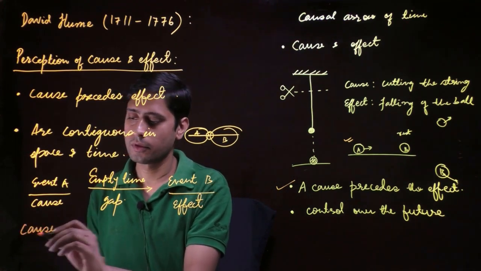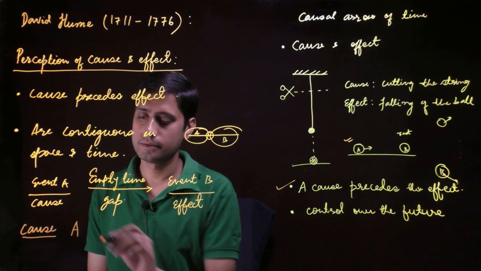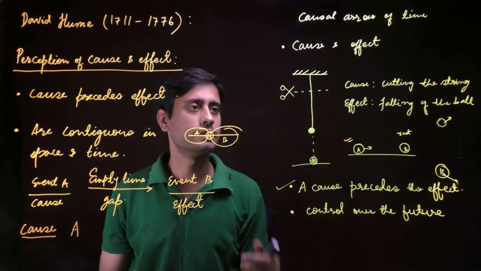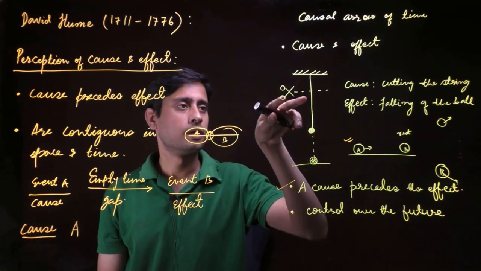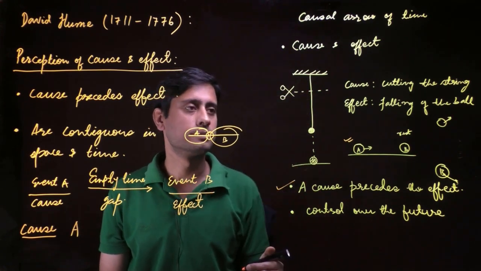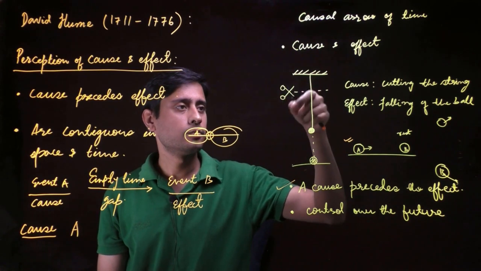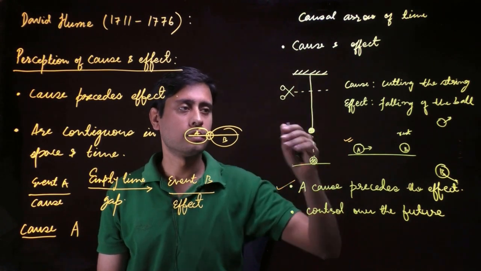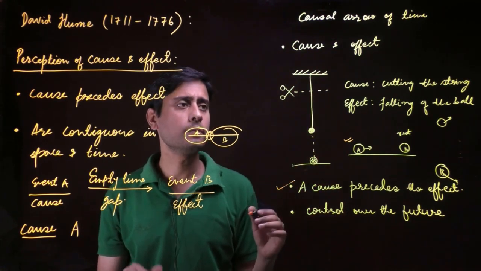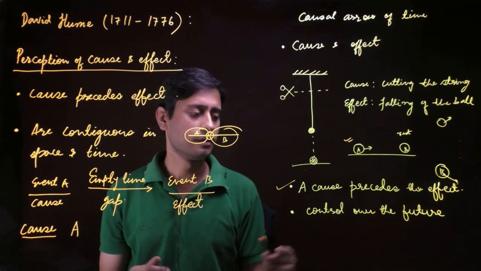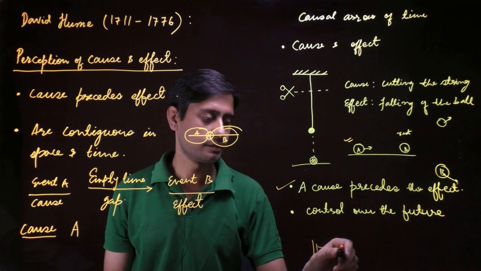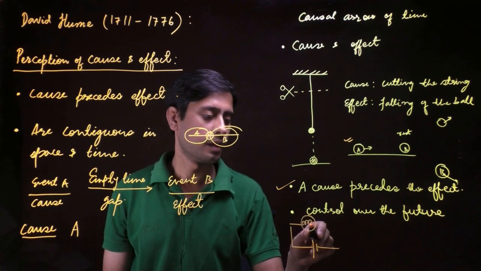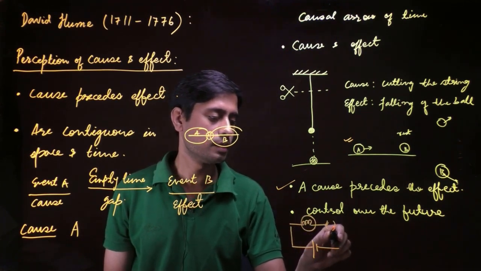So cause is our event A. For example, in the first case, when the scissor has started to cut the thread, each strand of the thread has to be cut, and only then will it fall. So you have to satisfy some conditions. Take another example of an electrical circuit in which there is a battery, a bulb, and a switch key.